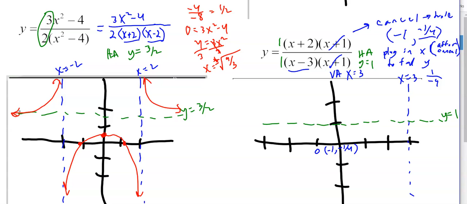And on this one, let's see, plug in x equals 0. We can do it after we cancel. That's fine. So the y-intercept would be 2 over -3, which is -2/3, which is right about here. And if you plug in y equals 0, the denominator goes away.